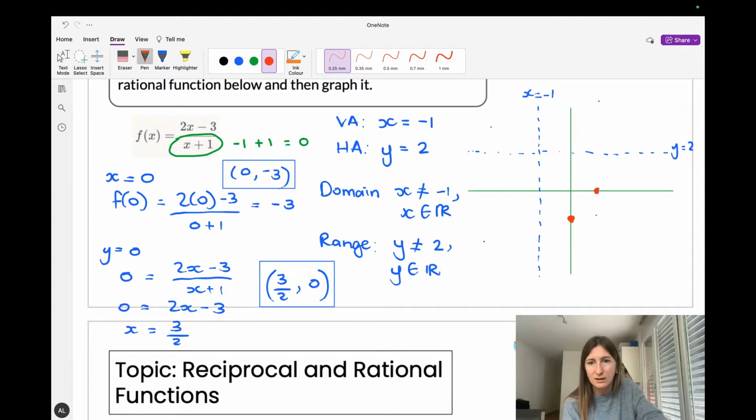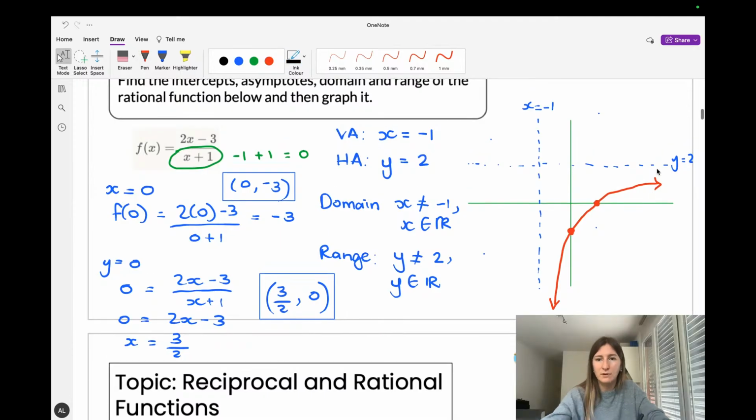Say that that's there. So here you can see that both of my coordinates are on one branch. So then there's going to be another branch here that's just going to be hanging in the air and it's not going to have any. So now I can draw in my line over there.